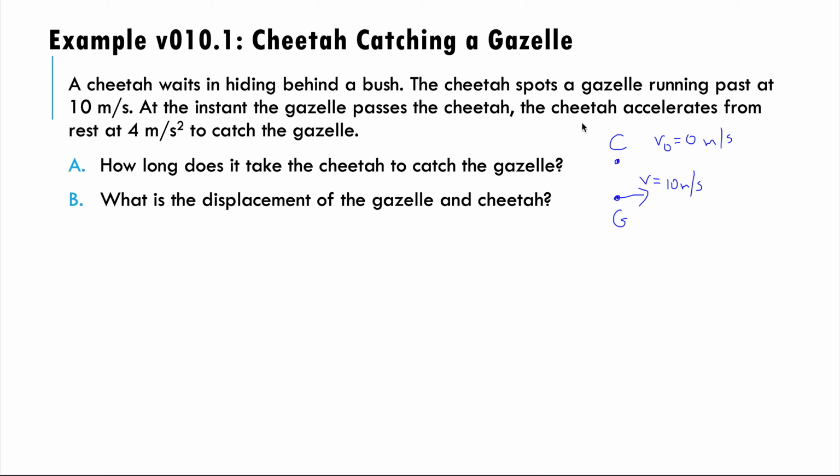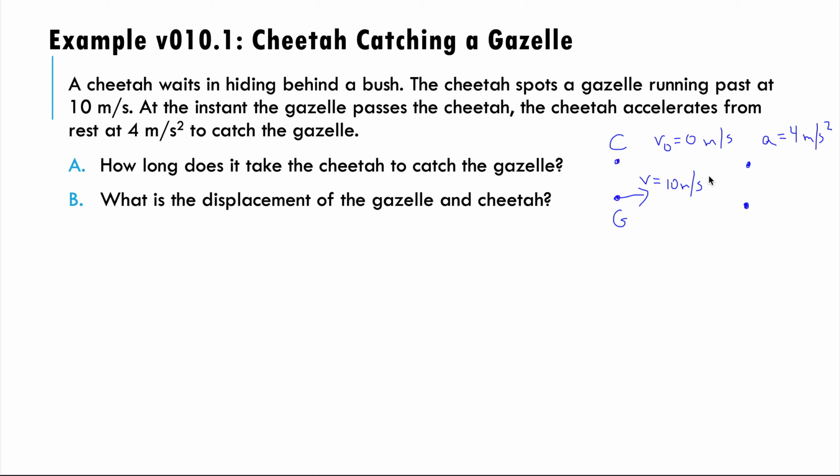As soon as the gazelle passes the cheetah, so when they're at the same horizontal position, then the cheetah is going to accelerate at 4 meters per second squared. So the cheetah is going to start moving a certain distance, and the gazelle is going to keep moving. The gazelle is moving at a constant speed because it doesn't say otherwise.